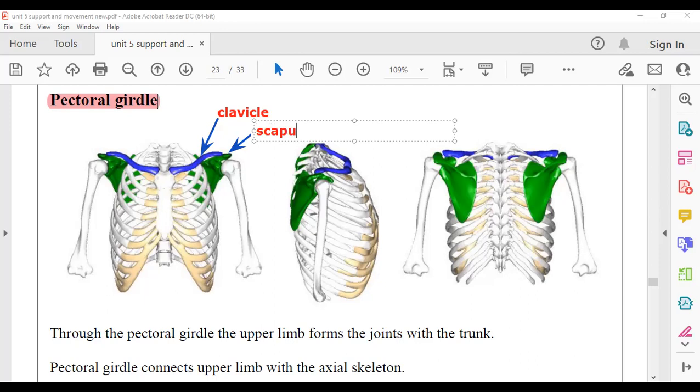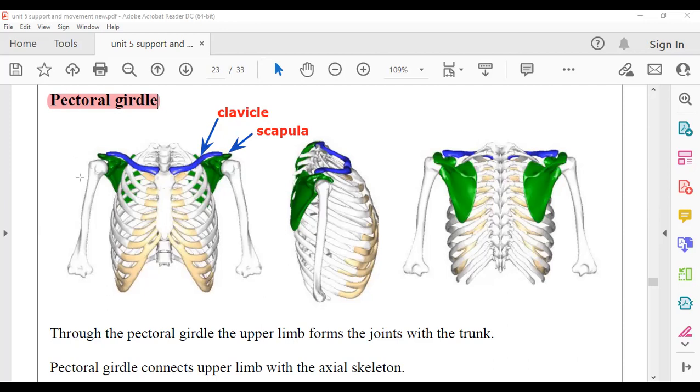So one scapula, one clavicle make one half of the pectoral girdle. The other scapula, other clavicle will make the next half of the pectoral girdle.